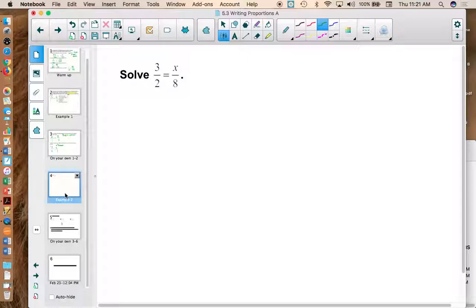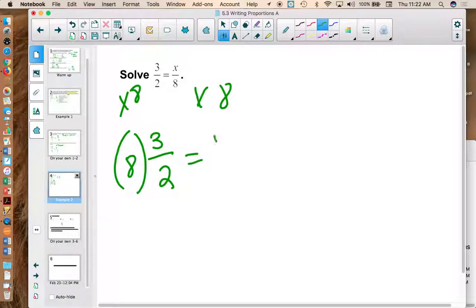So let's solve for the variable x. What's the inverse operation of division? Multiplication. So a one-step equation would say multiply both sides times 8. Do you agree? So I'd have 3/2 times 8 equals x.